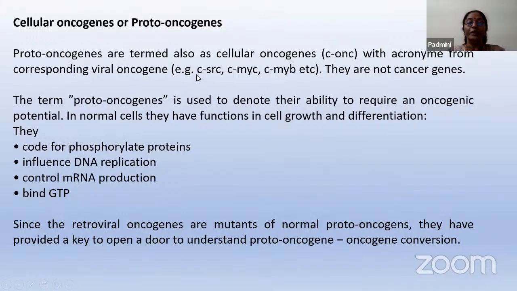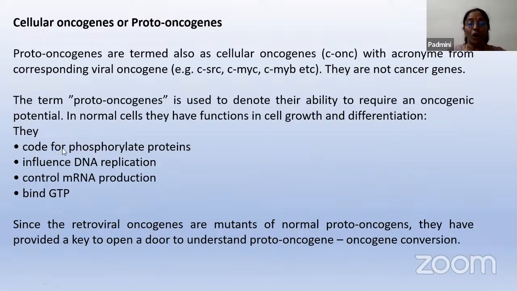For example, c-SRC, cellular sarcoma, c-MYC, myelocytomatosis, and c-MYB, myeloblastosis, etc. SRC, MYC, and MYB are not cancer, but the term proto-oncogene is used to denote their ability to acquire the potential to become an oncogene, so that it can become cancer.